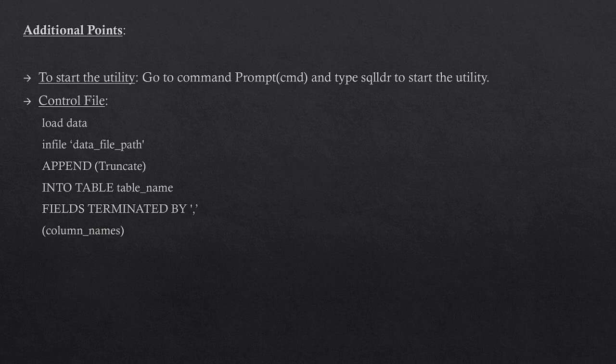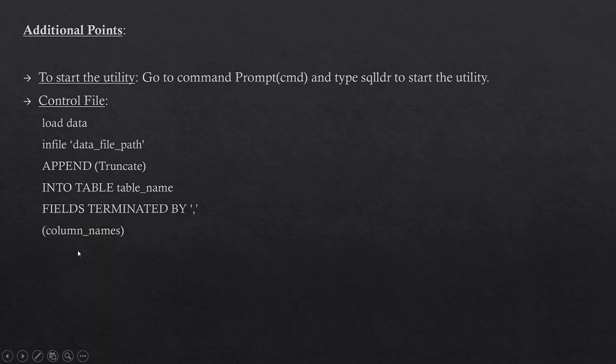Then we have fields terminated by comma. As I told you, I am showing this through a CSV file, which is nothing but a comma separated values file. So my fields are terminated by comma. SQL Loader will read in a manner that wherever it gets a comma, it will consider it the next value for the next column, and it will insert in a similar, sequential manner.